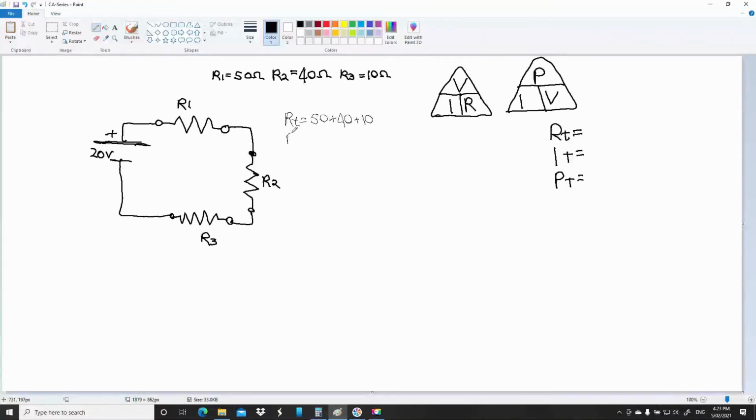So RT equals 100. Okay, so we know RT equals 100 ohms, so I'll put that over here.